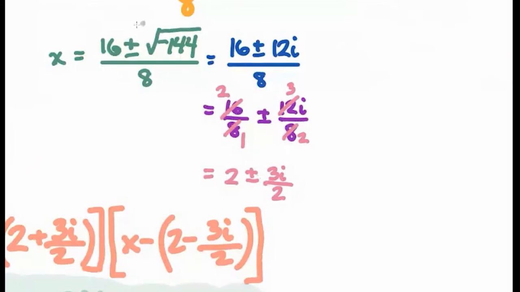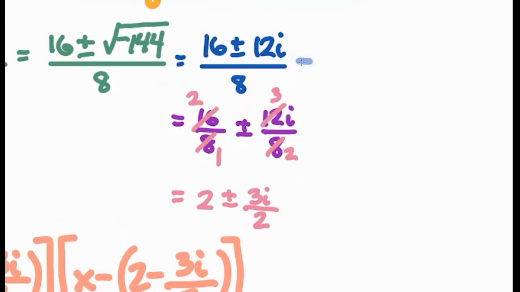Get it right. I'm sorry. I forgot to mention that you can do it either way. We kind of talked about it the other day. But if you wanted to, you could divide the top and the bottom by 4. So that means this would be equal to 4 plus or minus 3i all over 2.